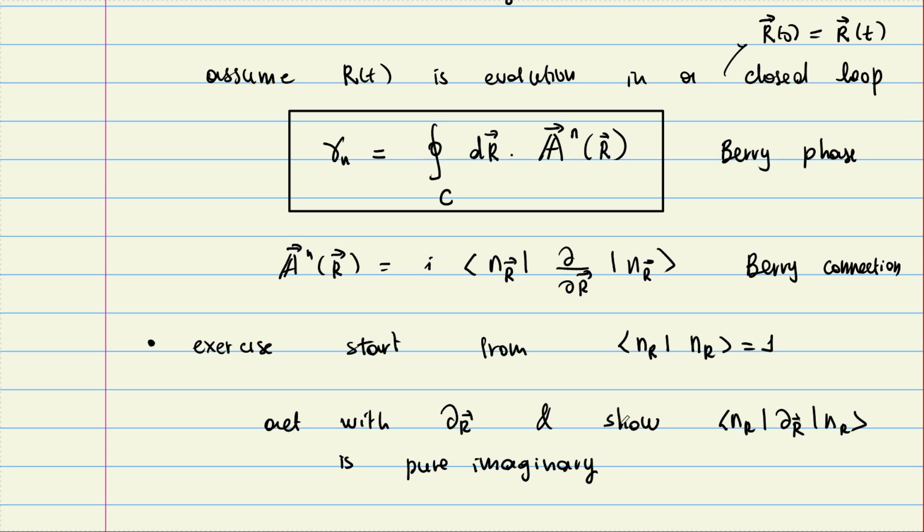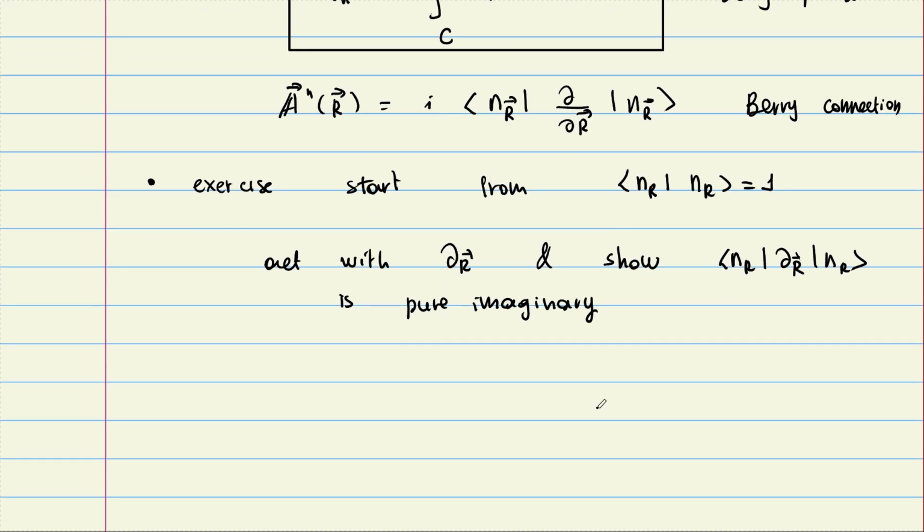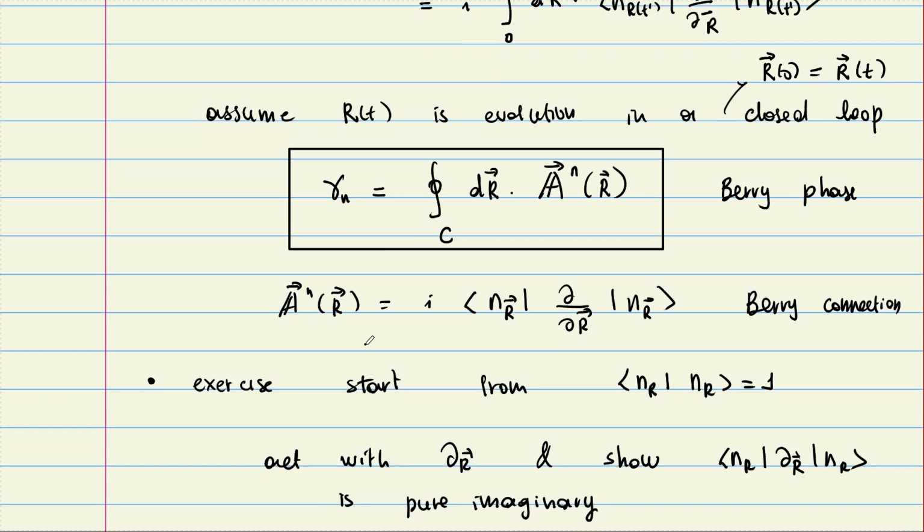Just a simple thing. If something is pure imaginary, its complex conjugate is going to be minus itself, right? That's a standard thing to see. That means gamma n, okay, so gamma has A and A has i. If you multiply a pure imaginary number with i, it's going to be pure real.